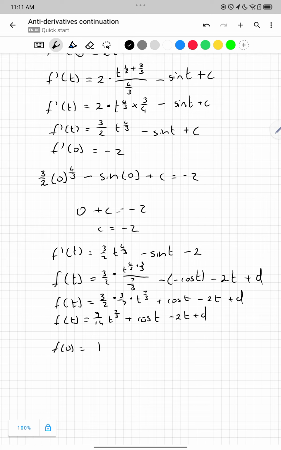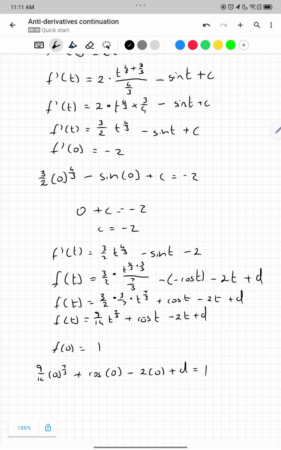So 9 over 14 times 0 to the 7 over 3, which is still 0, plus cos 0, which is 1, minus 2 times 0, plus d is equal to 1.